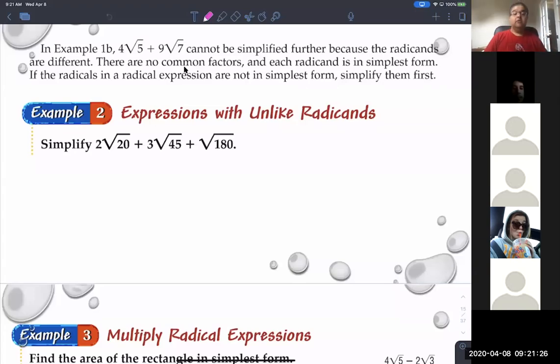Okay, so we're going to start off by doing this addition of radicals problem.